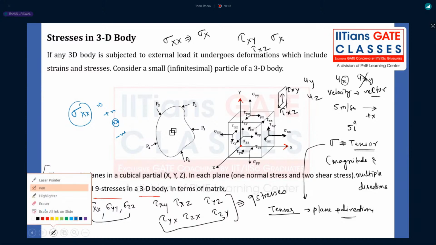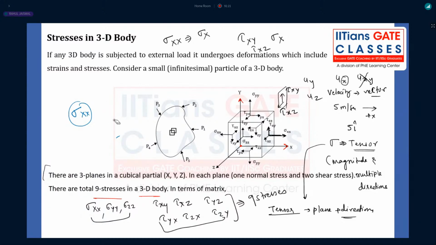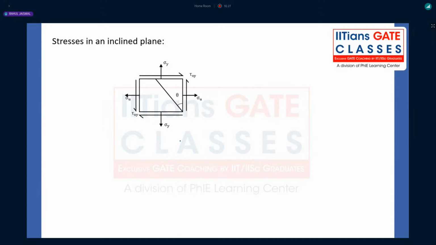Now, the next thing is the principal stresses. Note down: stresses in an inclined plane. That means here we will be starting the topic of principal stresses and strains. Basically, we are learning only principal stresses in this demo class.